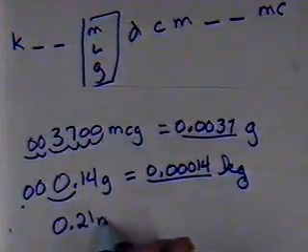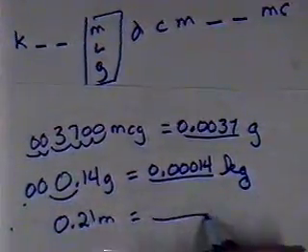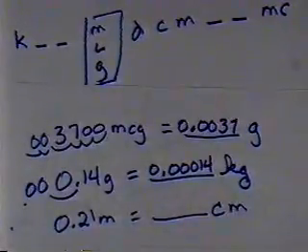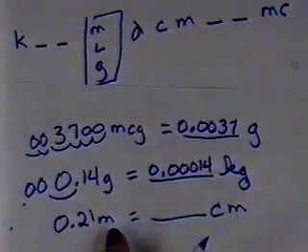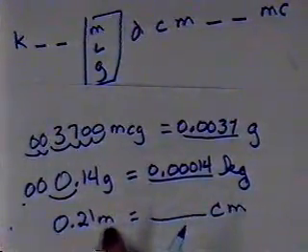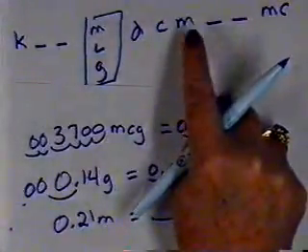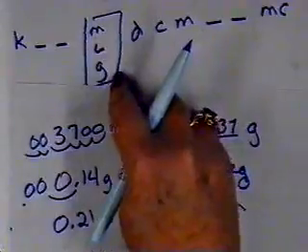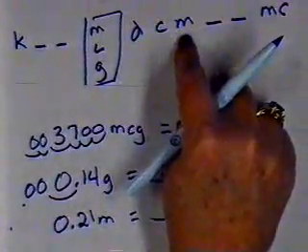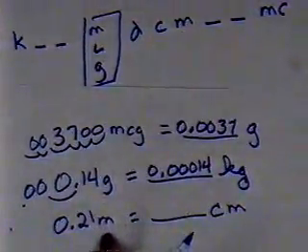0.21 meters to centimeters. Meters to centimeters. Now, the reason you know this is meters and not milli is that milli can never appear by itself. Milli has to be in front of meters, liters, or grams. Milli is a prefix. If it's by itself, it has to be a meter.